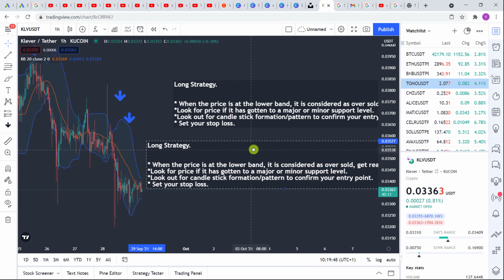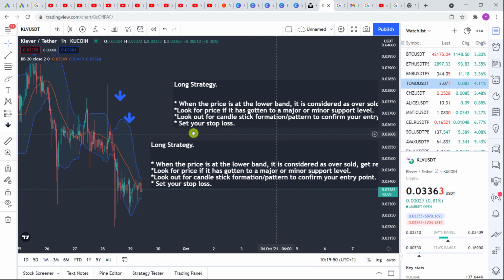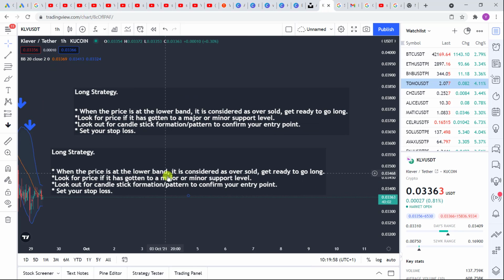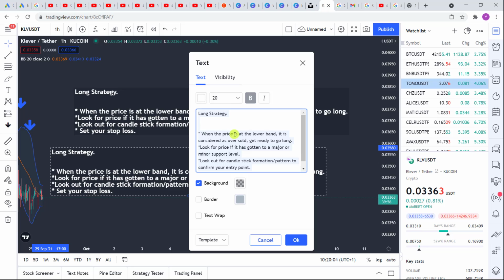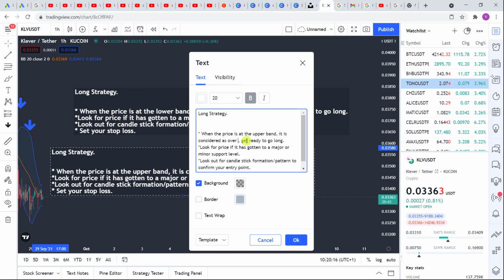So for our short strategy now, when the price is at the upper band, it is considered overbought, and get ready to go short.